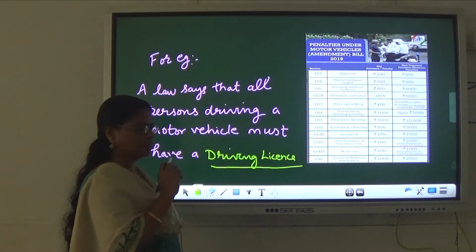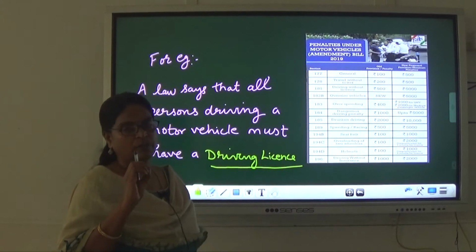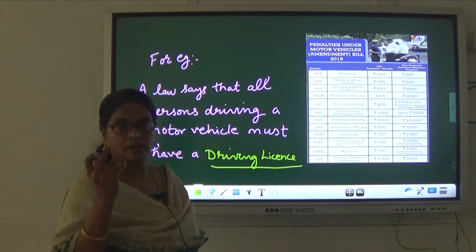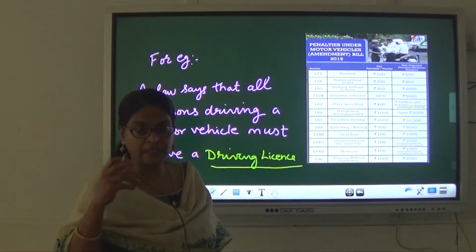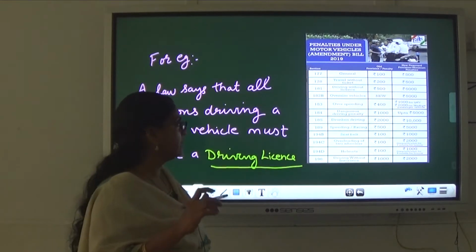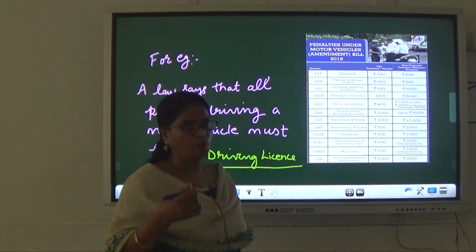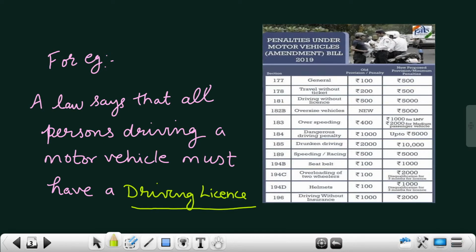According to this law, the person must have a driving license to drive a car or any other vehicle. If any person drives a vehicle without a driving license, he will be fined or sent to jail. You can see the penalties under the motor vehicles law.